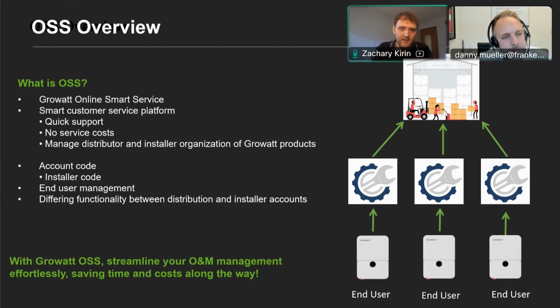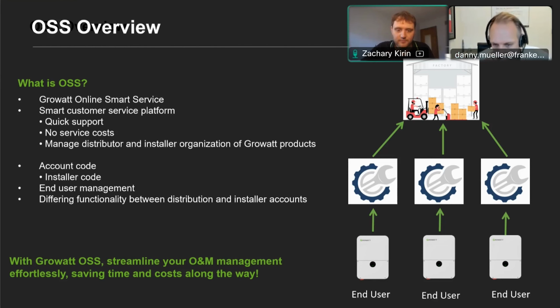The ShinePhone and the ShineServer applications are there so the end user has a more convenient means of managing their platform. OSS is a much more powerful platform, and the end users don't really need to see all of the inner workings behind systems that have been installed. Yeah, makes sense.